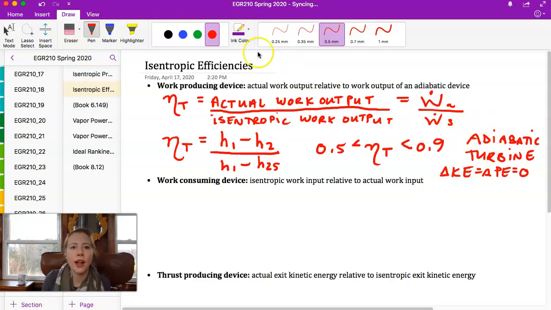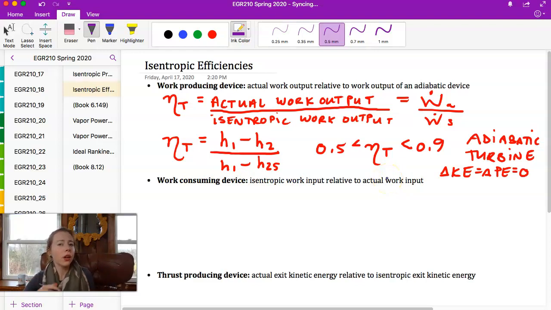But let's move forward now to look at a work-consuming device. A work-consuming device takes work done on it, so there's work input. It's the isentropic work input relative to the actual work input.